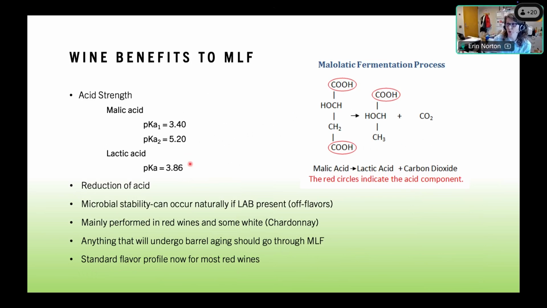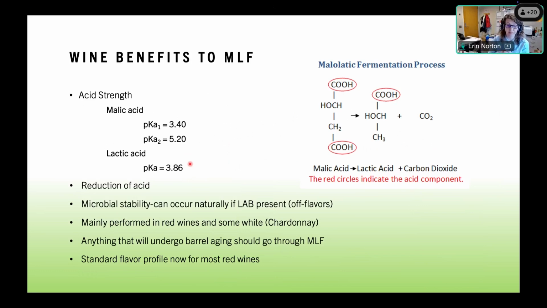But it's also, you would inoculate for a malolactic fermentation to prevent the, again, I said that lactic acid bacteria loves to live in nooks and crannies. Barrels are full of nooks and crannies.